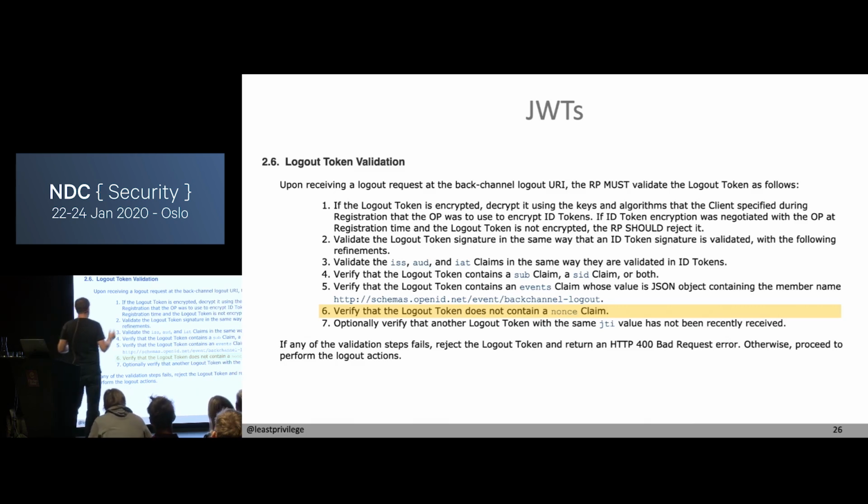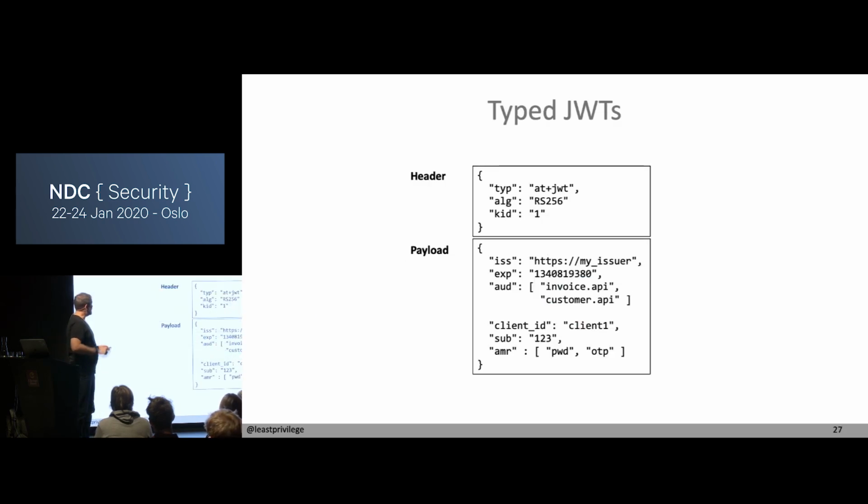So a really very small thing that you should start using is called typed JSON Web Tokens. The idea is that here you see that type header, that always said JWT. But now what you should do is encode the purpose of the JSON Web Token into the JSON Web Token itself.